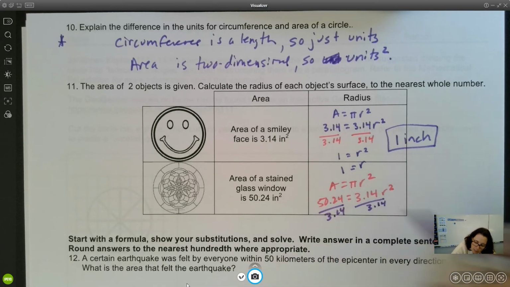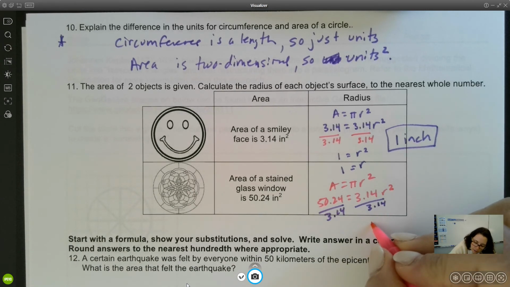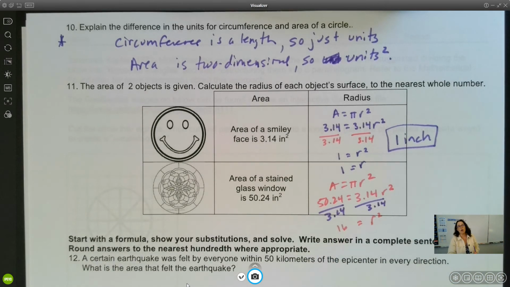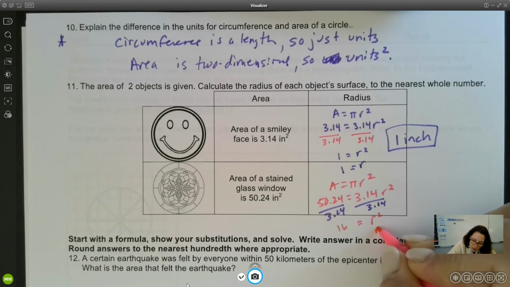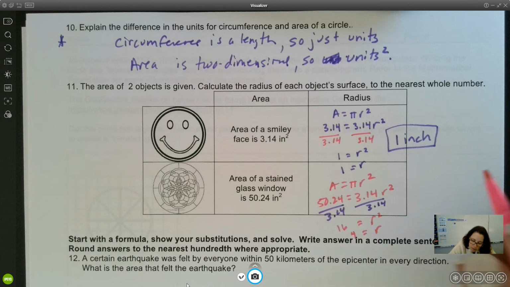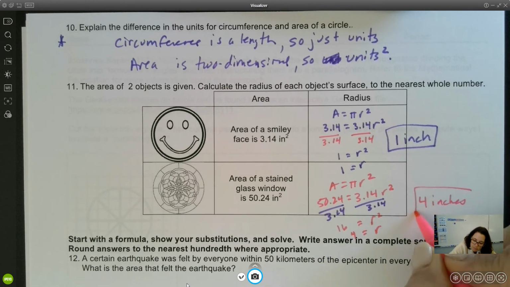And then I'm going to get r squared equals 16. Well, we have to solve for r, not r squared. What times what is 16? The same number, 4. So this is 4, and we're still in inches.